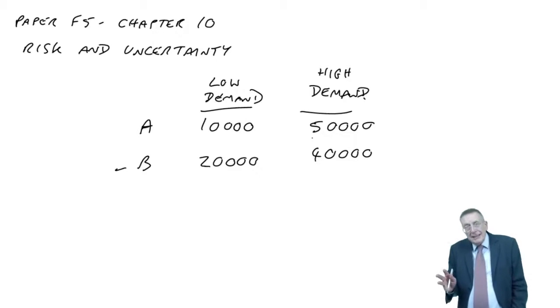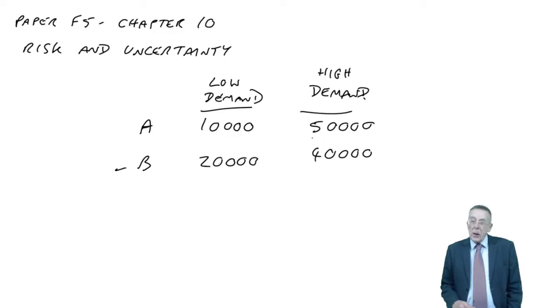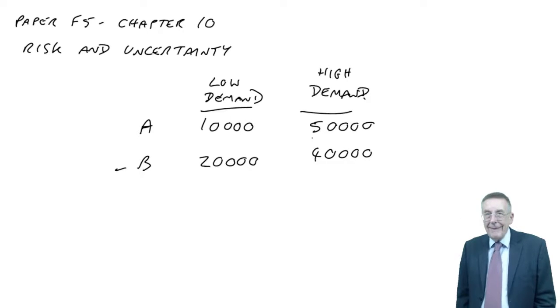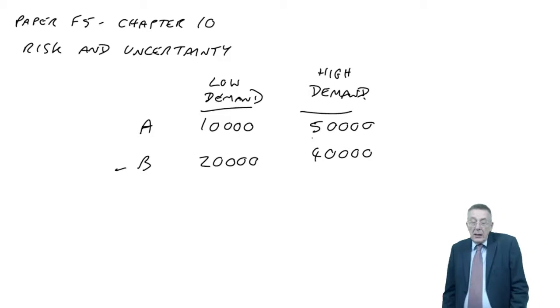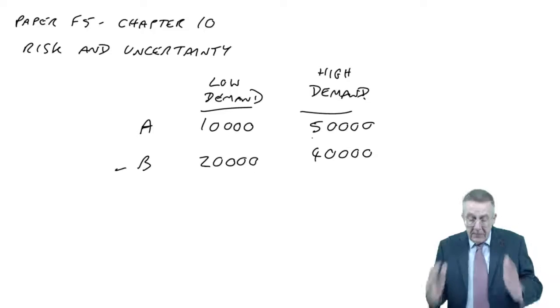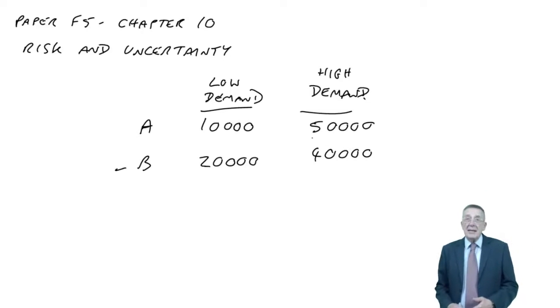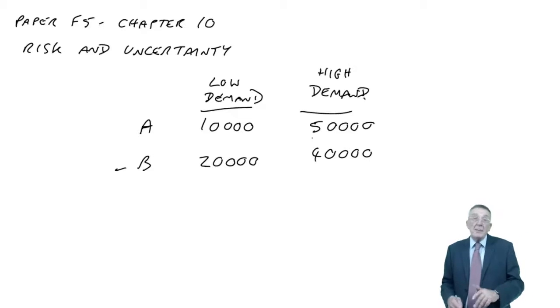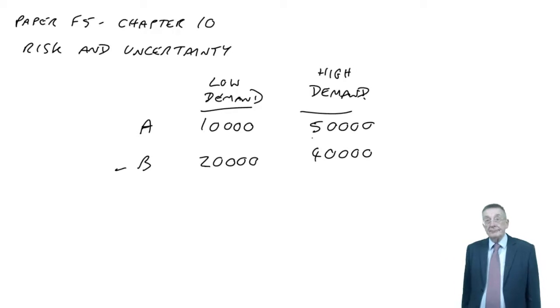I may only get 20, and I may get a bit more, 40. And I'll pick B, because if I picked A, I might only get 10. And you can't argue with me. If that's the way I feel, I'm not greedy. B is bound to give me at least 20. I've lost the chance of getting 50, but also I'm never going to get so little as 10.